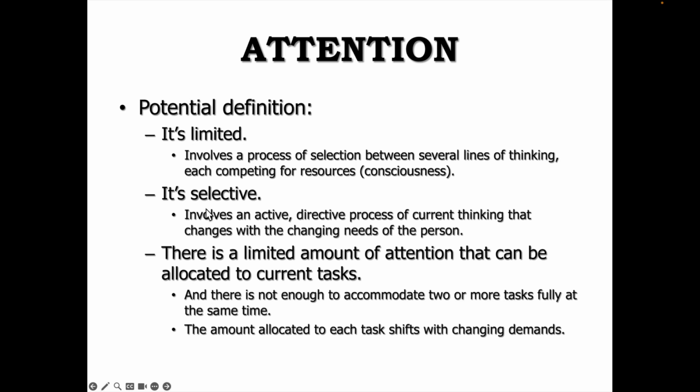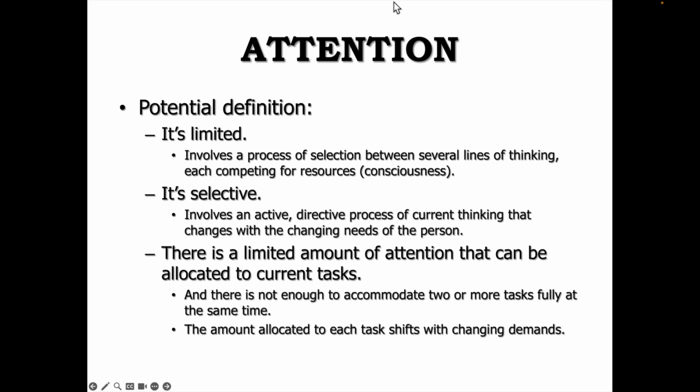Attention is also very selective, meaning that we can choose what to pay attention to while ignoring other things. So with attention, there's a limited amount that can be applied to current tasks. Depending on the complexity of the task, there might not be enough attention available to focus on two or more complicated tasks at the same time.